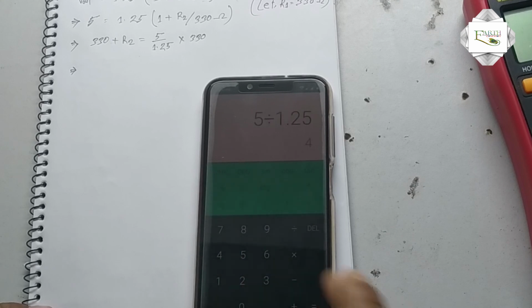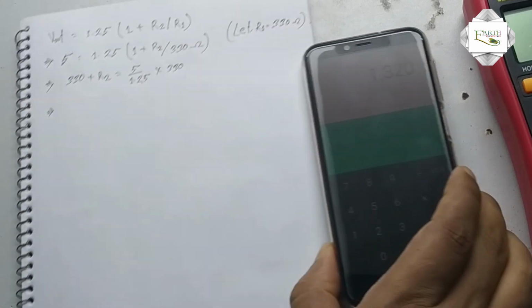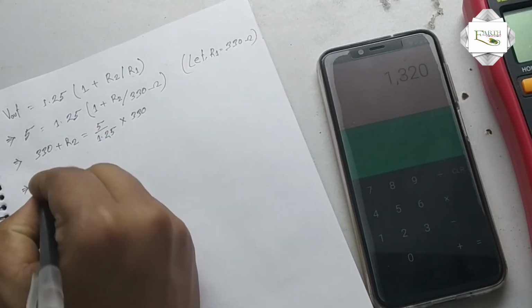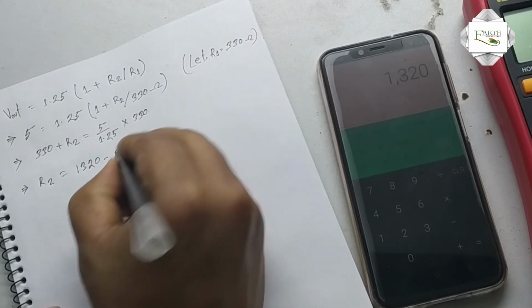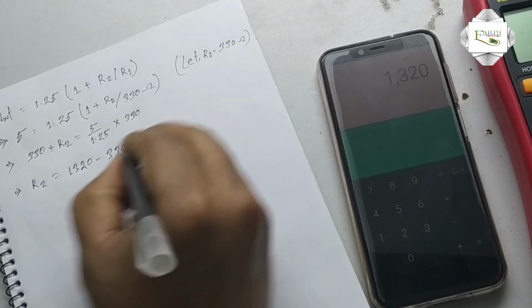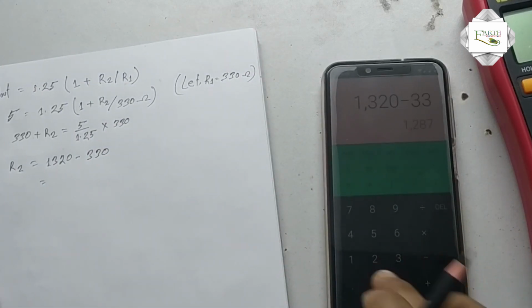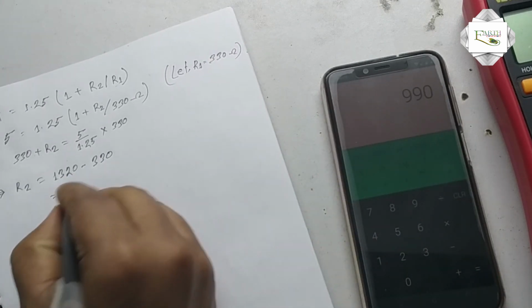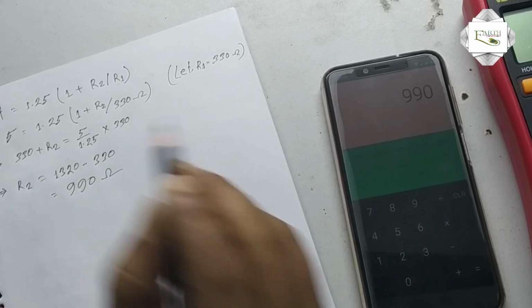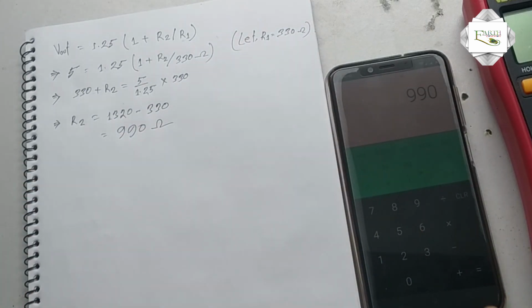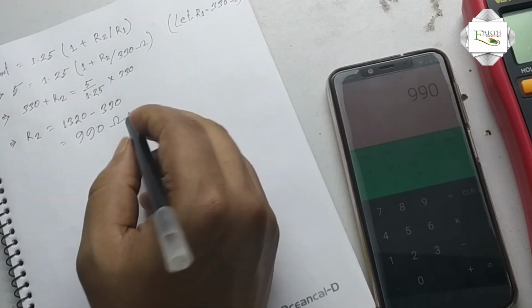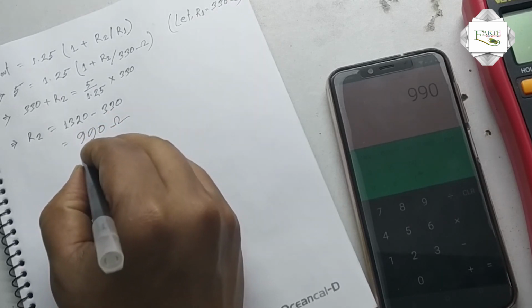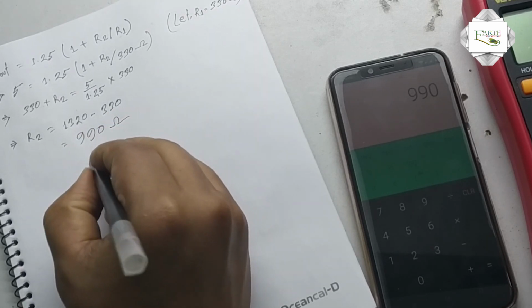Five divided by 1.25 times 330. R2 is equal to that minus 330. The R2 value is 990 ohm. The nearest value is 1k, 1000. I use 1k.